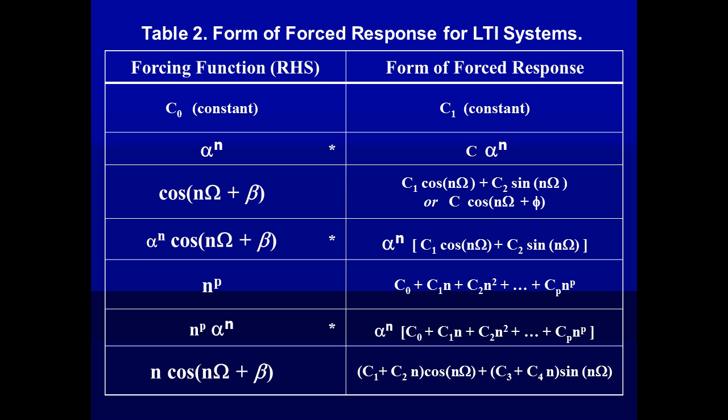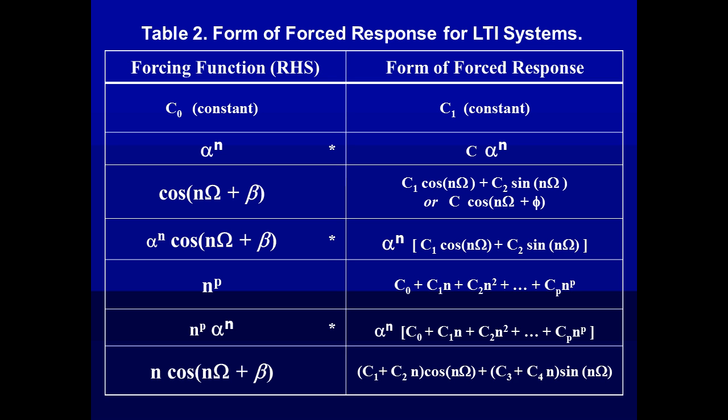How much of that response was due to the way I'm hitting it? That's the forced response. How much of it was just due to the fact that it always wants to give me the same response because of the height, the mass, the distribution, all that physical stuff. So the natural response is the part that comes from the inherent dynamics of the system. The forced response is only because of the way I'm hitting it.